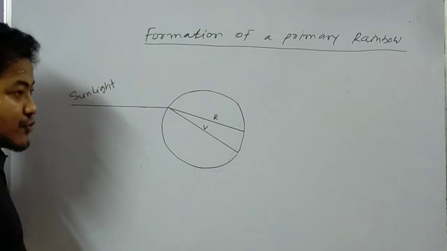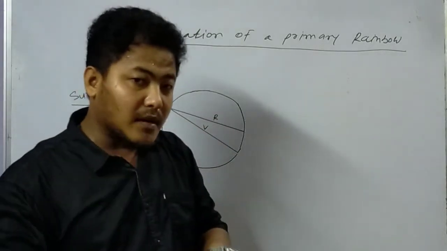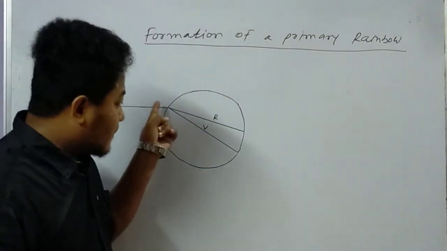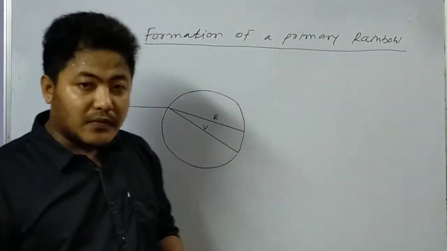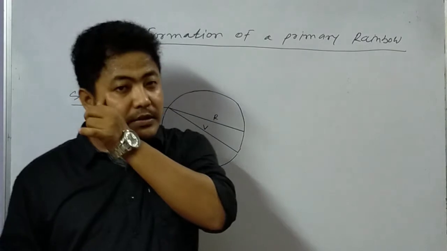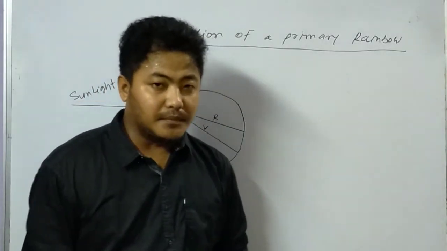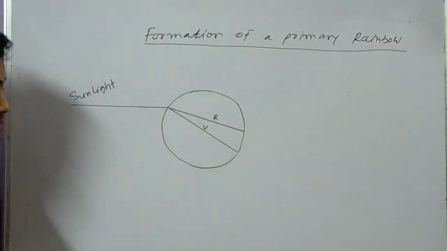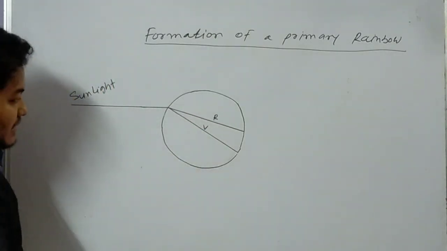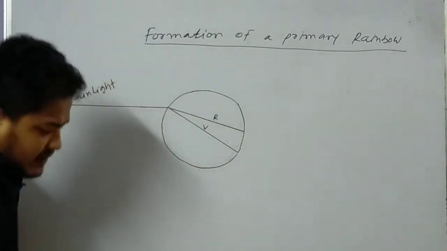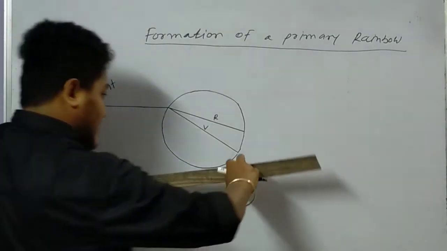This color is going to be deviated maximum because its wavelength is less, but refractive index is maximum. As we have discussed in the previous class. Understand?